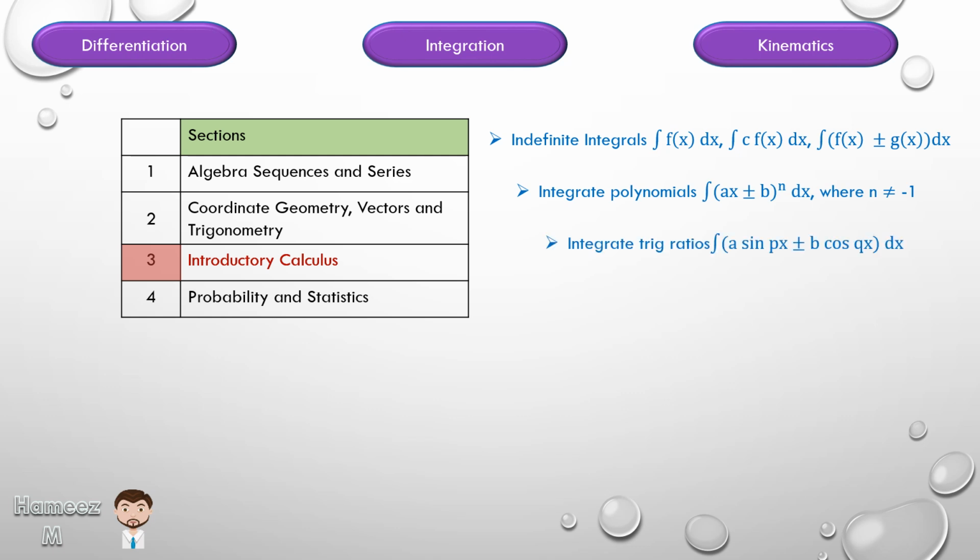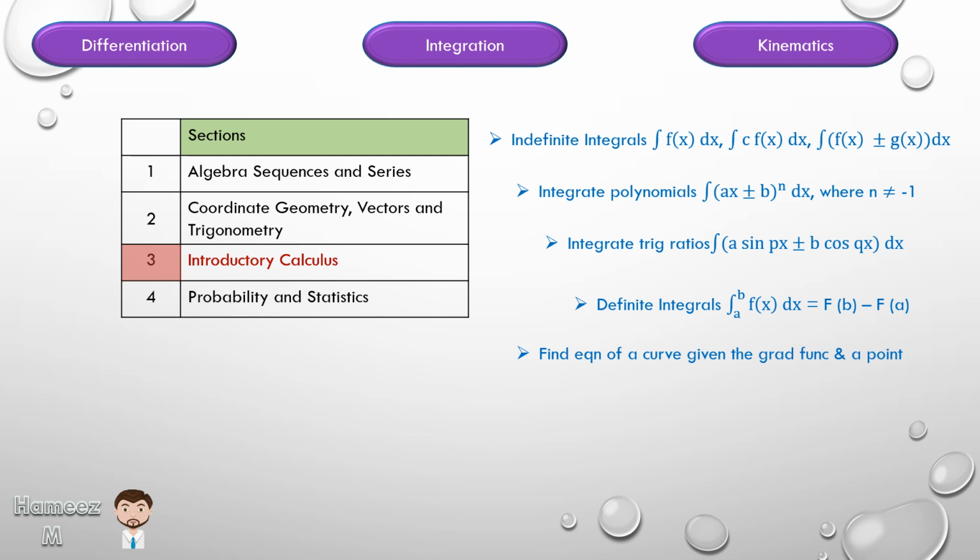Integrate trigonometric ratios, such as the integral of a sine px plus or minus b cos qx with respect to x. Definite integrals, such as the integral from a to b of f of x dx, which is equal to f of b minus f of a.